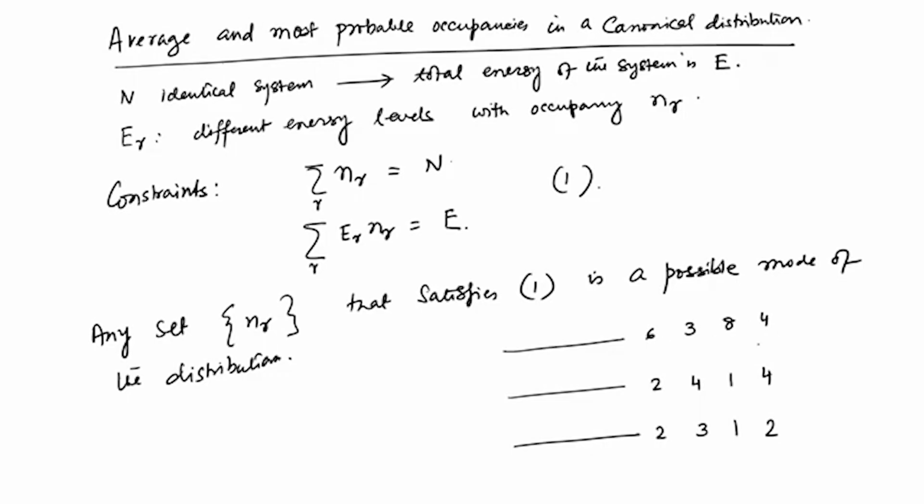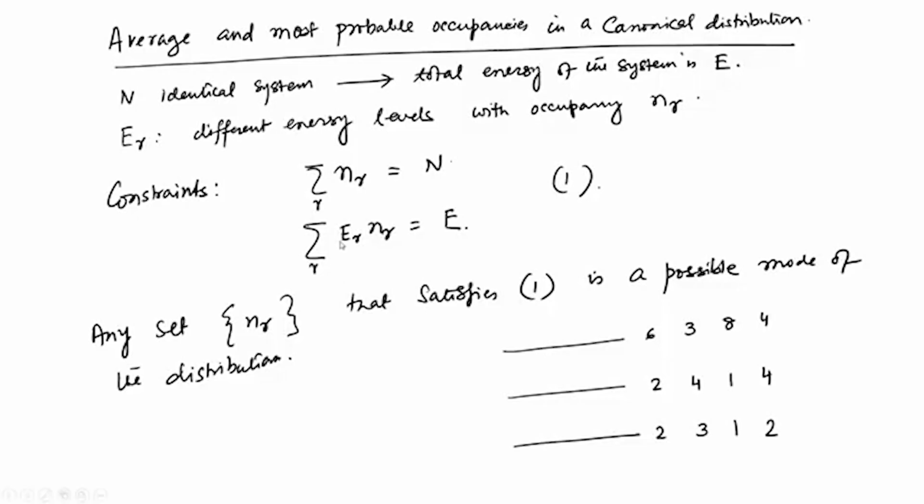So, all these may not be possible if you further specify the values of E1, E2 and E3, because you have to multiply the number of particles with that value of energy, say in joule or in electron volt, and then get the same number. Anyway, you have a very large number of possibilities to achieve this constraint condition by distributing your N_R particles among the E_R available energy states of the system.